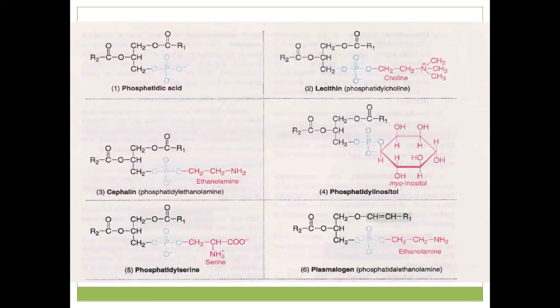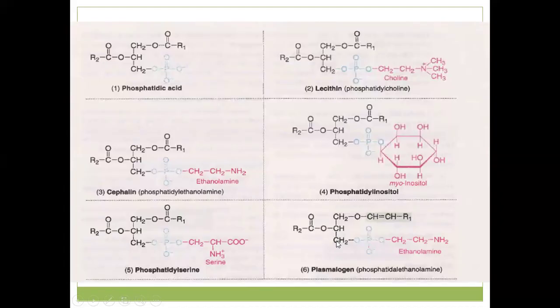Rather, it contains a sphingosine backbone. So we have the sphingosine backbone here. When you look properly, it's not a glycerol. From here to here, we call it the sphingosine, and we can see this carbon, which is supposed to be carbon 2 as compared to glycerol, where we have a fatty acid attached.